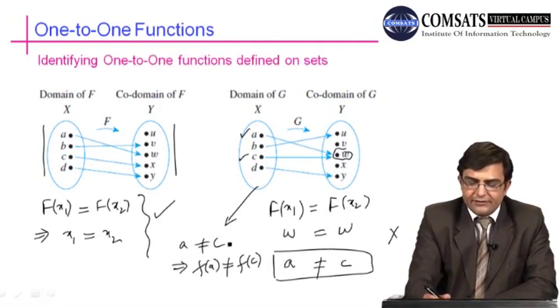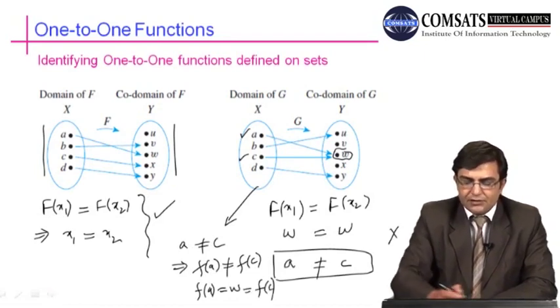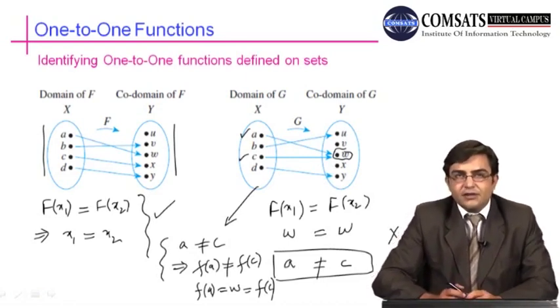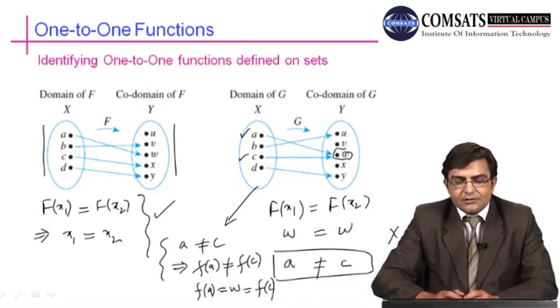No, because A is different from C, but f of A, which is w, is equal to f of C. So this condition is violated in the second arrow diagram. Therefore this arrow diagram doesn't represent a one-to-one function.